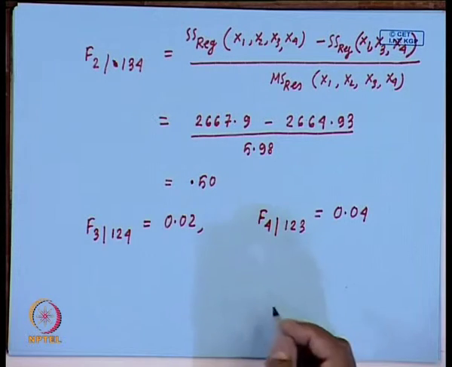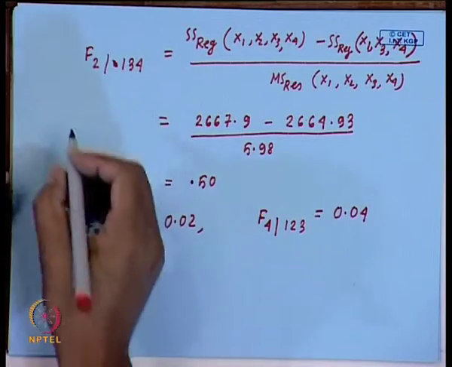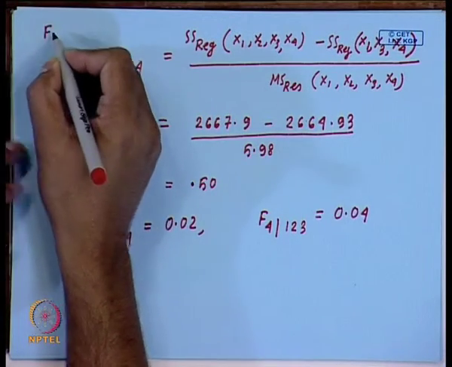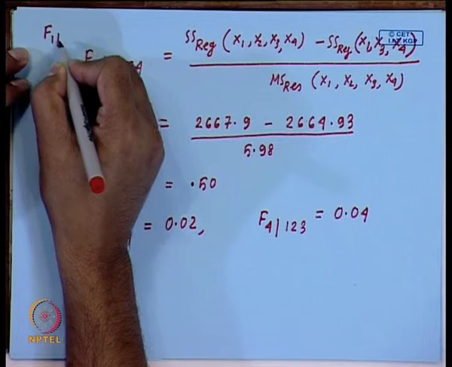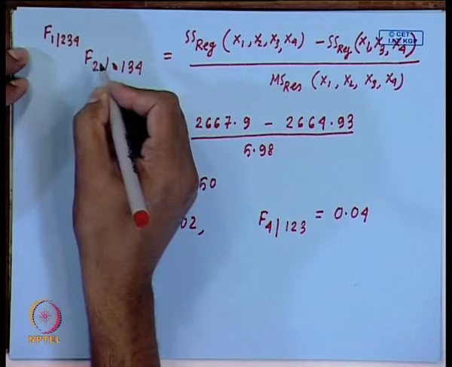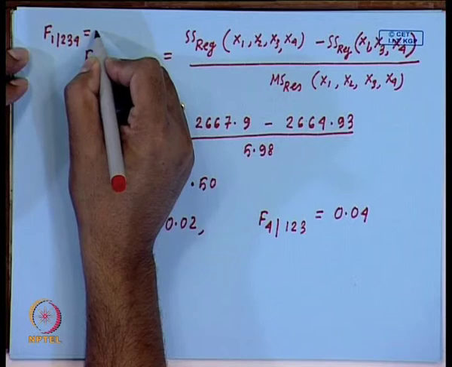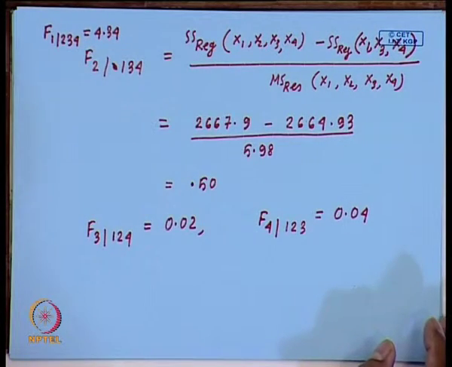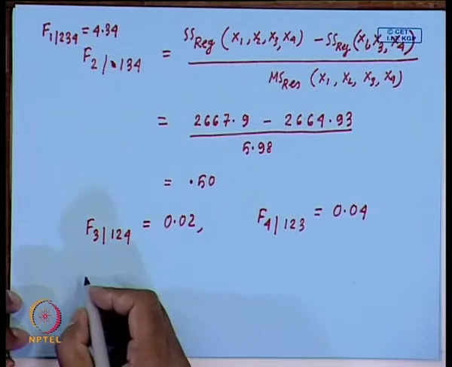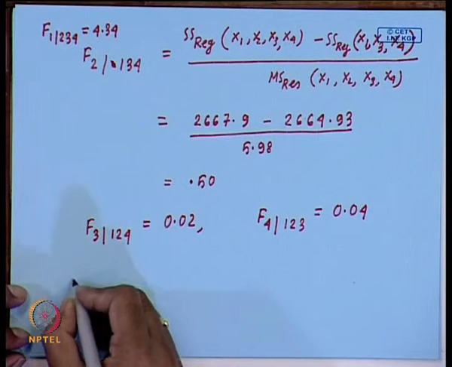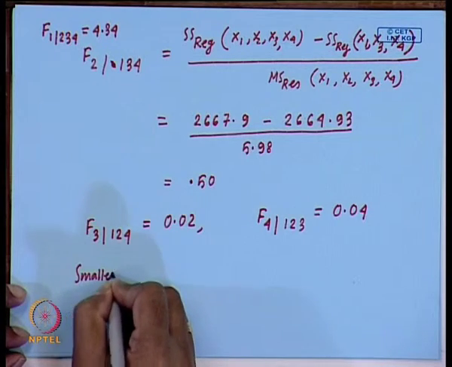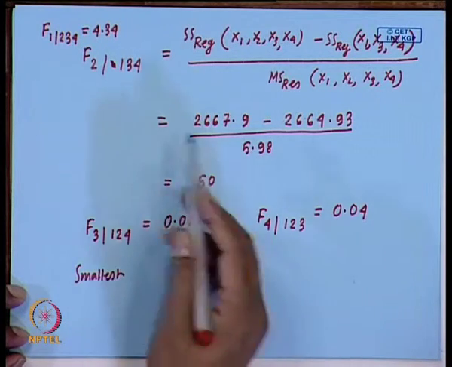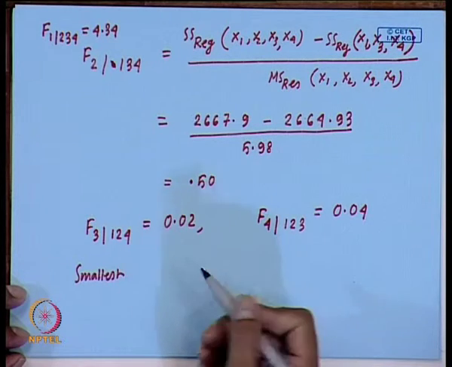So, we have all the 4 partial F values. The first one was F1 given 2, 3, 4, that value was 4.34. Okay. Now, we have to see which one is the less significant. So, the smallest partial F value, now the smallest, because we want to remove one regressor, the less significant regressor from the model.